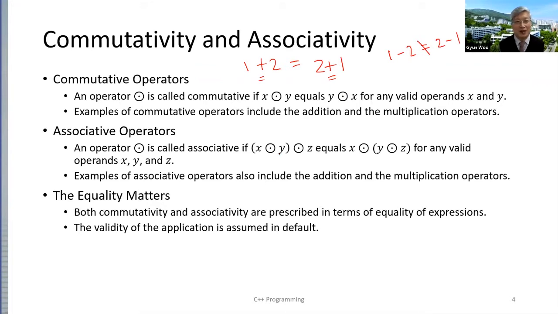So the minus operator is not commutative. Okay. The associativity of operators is the nested application of the operands.